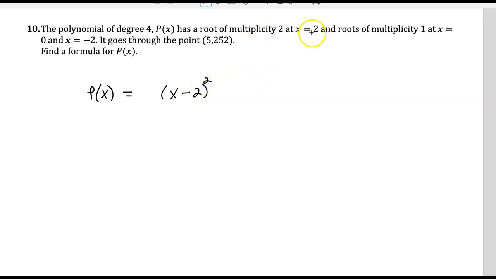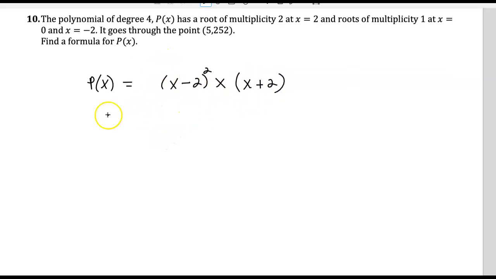It has a root of 2 with multiplicity 2. It's going to have a root of multiplicity 1 at x equals 0. Well, that would just be x. And then a multiplicity 1 at x equals negative 2, which would be x plus 2, right? So we know our polynomial is going to look like this. I'll just rearrange it in order of multiplicities here.